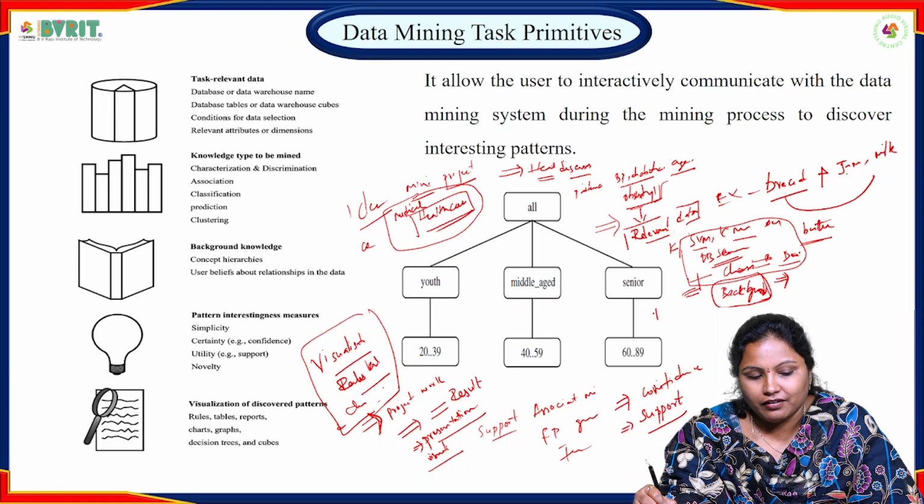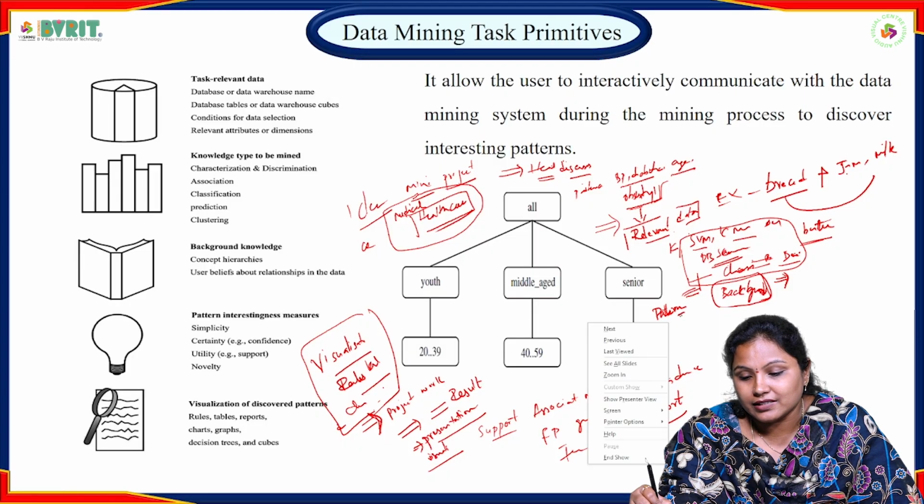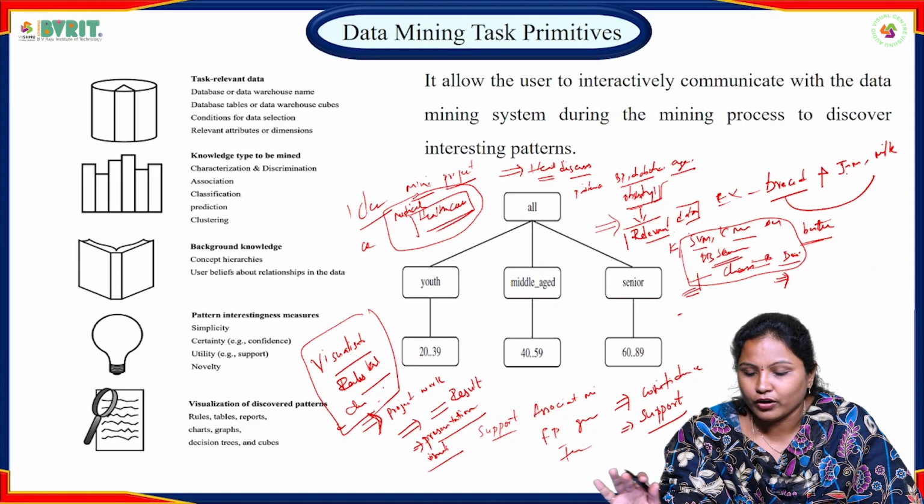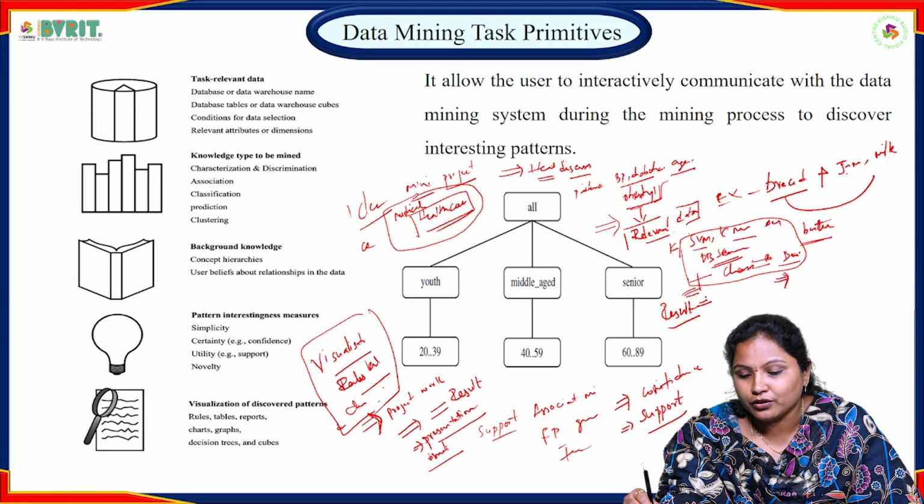And finally, pattern evaluation. When we go with the result part, we'll be using pattern evaluations, and based upon that we'll be working on it. Okay, fine, we have got the results. Then what we need to do is present them in a good way.